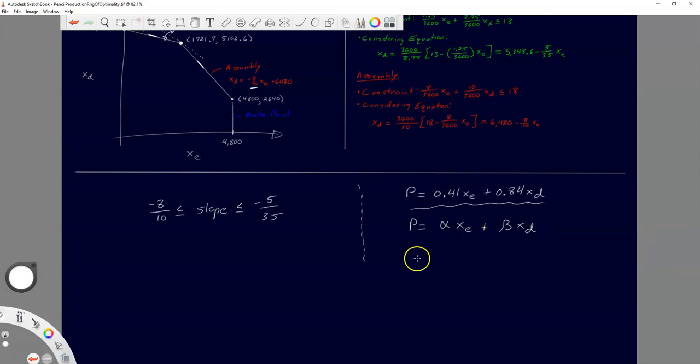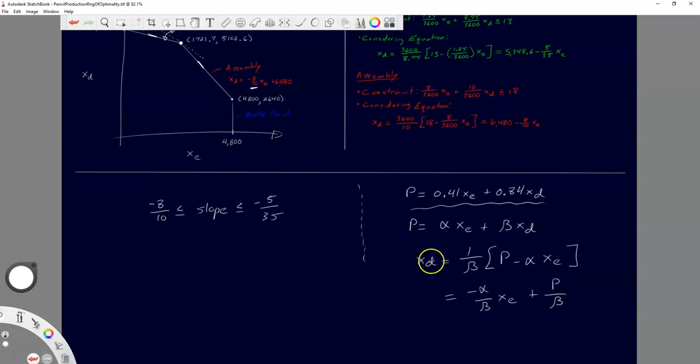And so we can do that with just a little bit of algebra and say x sub d is equal to 1 over beta times my profit minus alpha times x sub b. And let's just move our beta in here and readjust things a little bit. So I'd have negative alpha over beta times x sub b plus p over beta here.